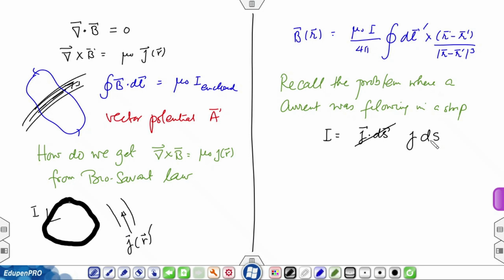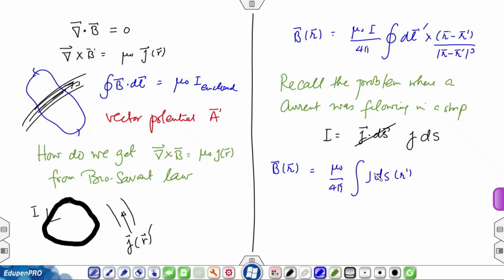So, let me write this as B at r equals mu naught over 4 pi. I can write as j ds, and this will be at that prime position, right.